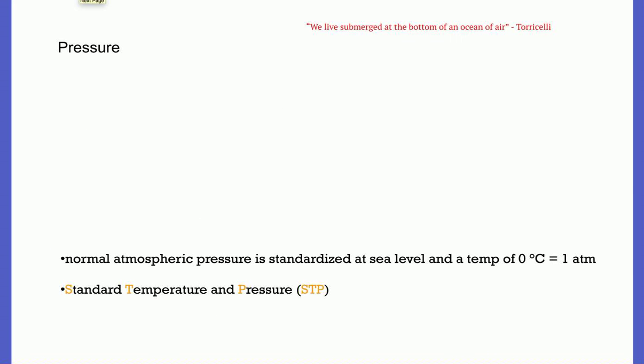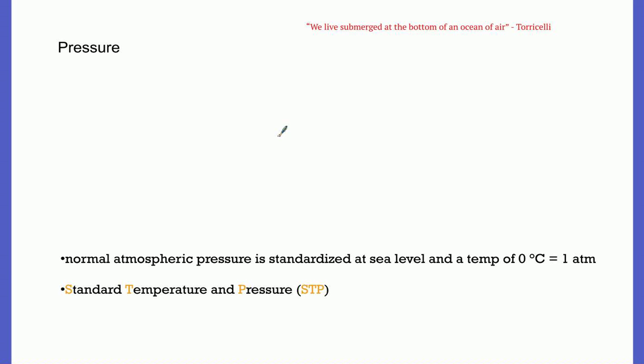So in chemistry, in our class, we're going to use pressures, and we're going to start with atmospheric pressure, normal atmospheric pressure that's standardized at sea level and a temperature of 0 degrees Celsius.